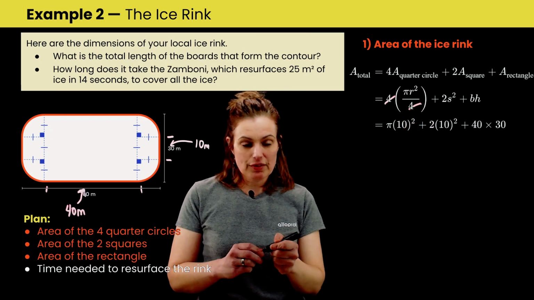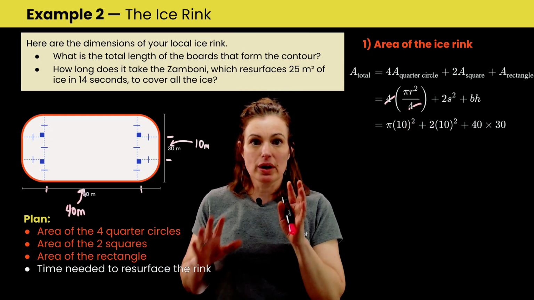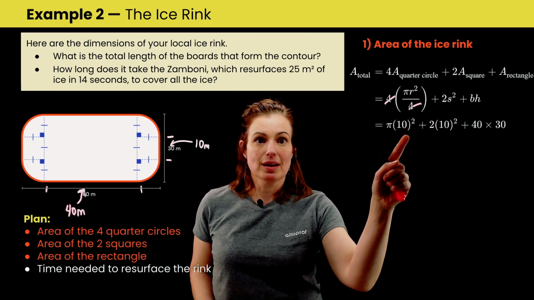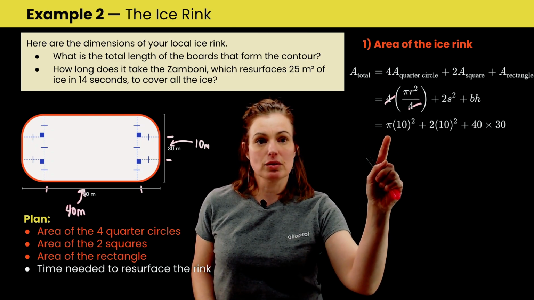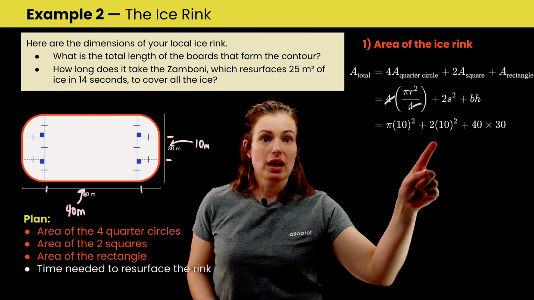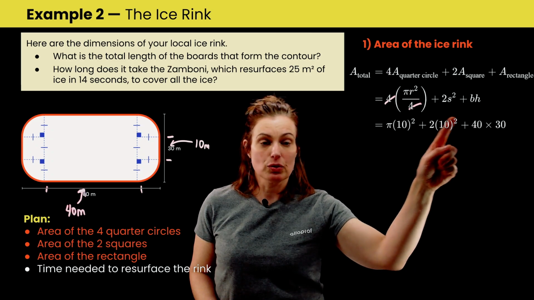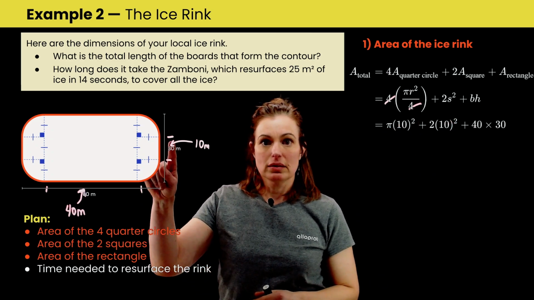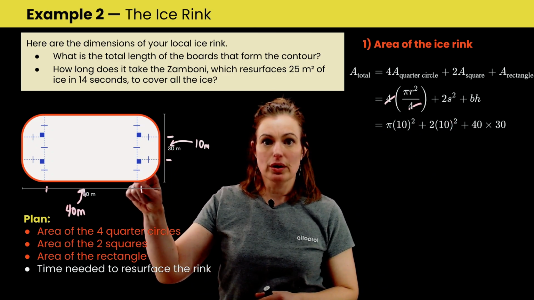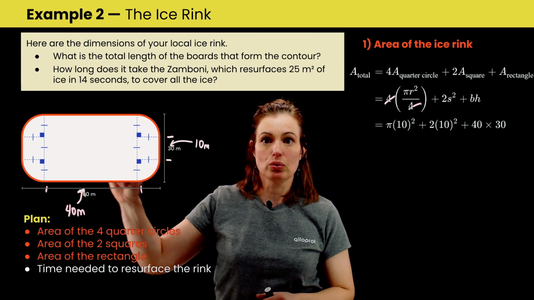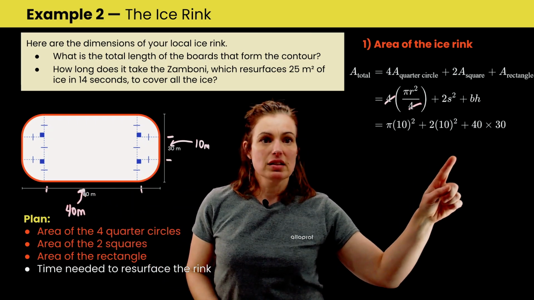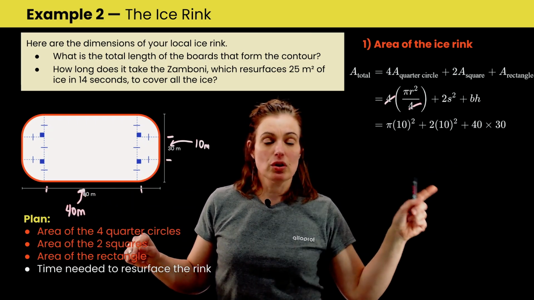So we're really just left with the area of 1 full circle, pi times the radius squared, and the radius is 10. So pi times 10 squared plus 2 times 10 squared, that is 10 times 10, and there's 2 squares, plus 40 times 30.